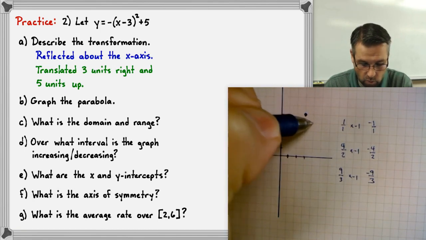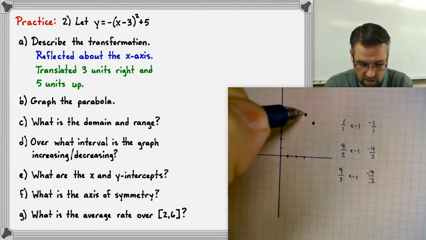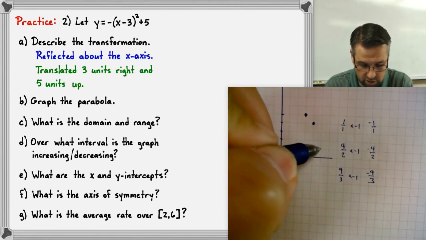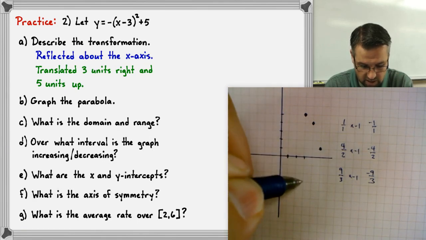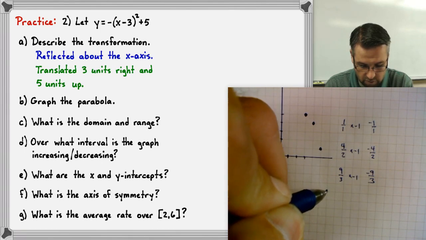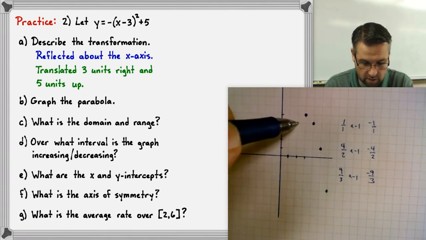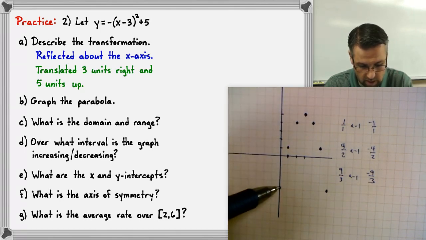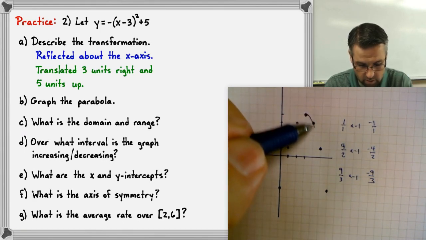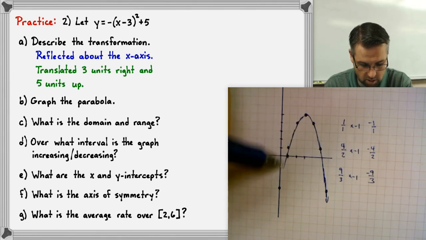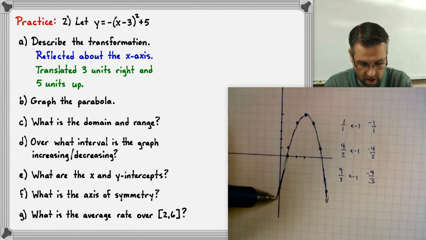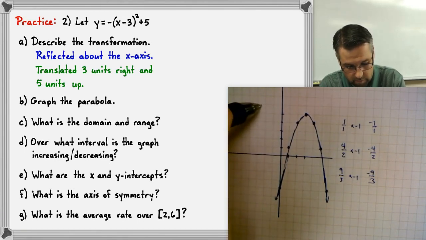So we're going to go down 1, right 1 from the vertex, and then from the vertex down 4 and right 2, and then from the vertex down 9, and over 3. And then we'll reflect that on the other side, and we end up with our parabola. Okay, so that is part B there. That's our graph for our parabola, part B.